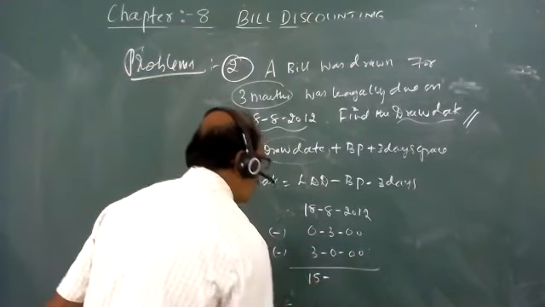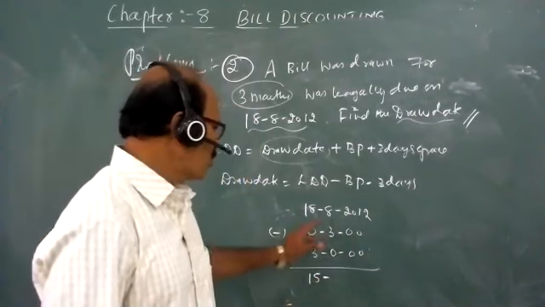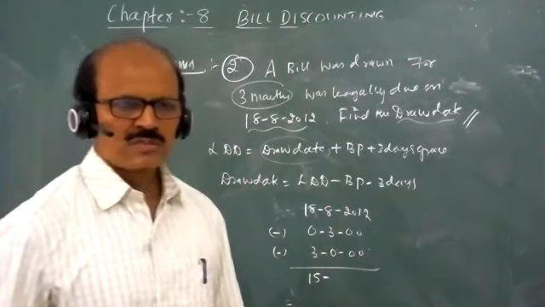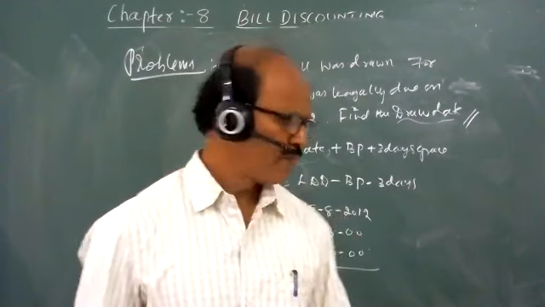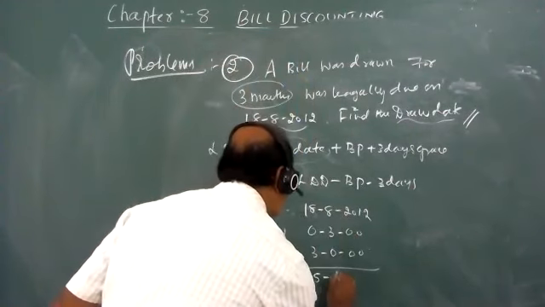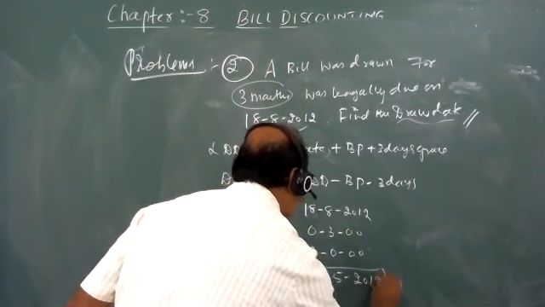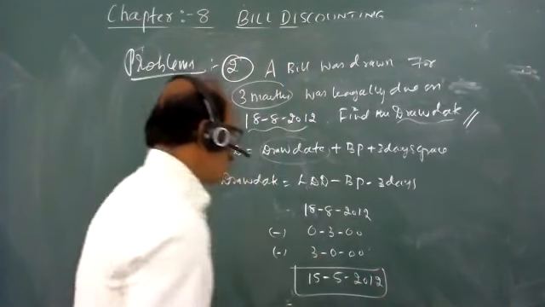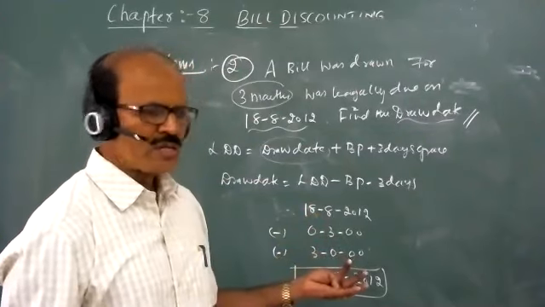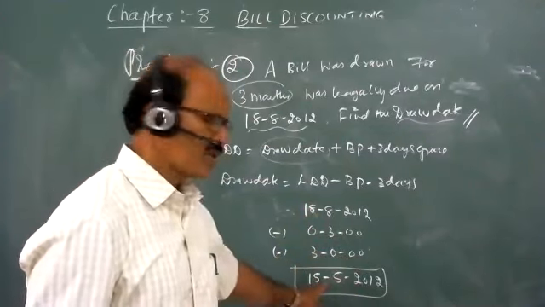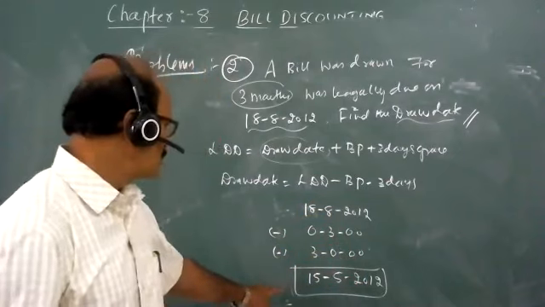So 15. Go back from the 8th month: before 8 is 7, 6, 5. So 15 5 2012. This is August. Before August it will be July, then June and May. So this is the draw date.